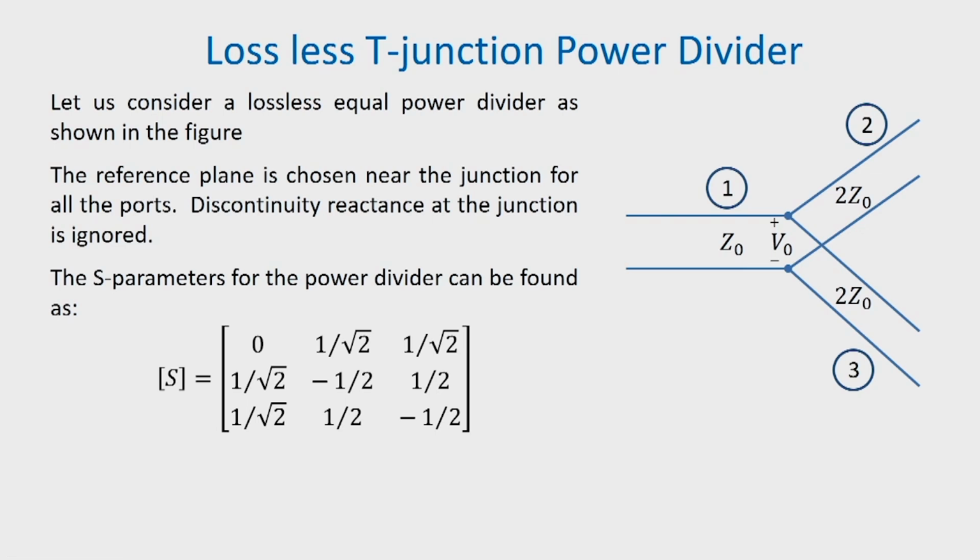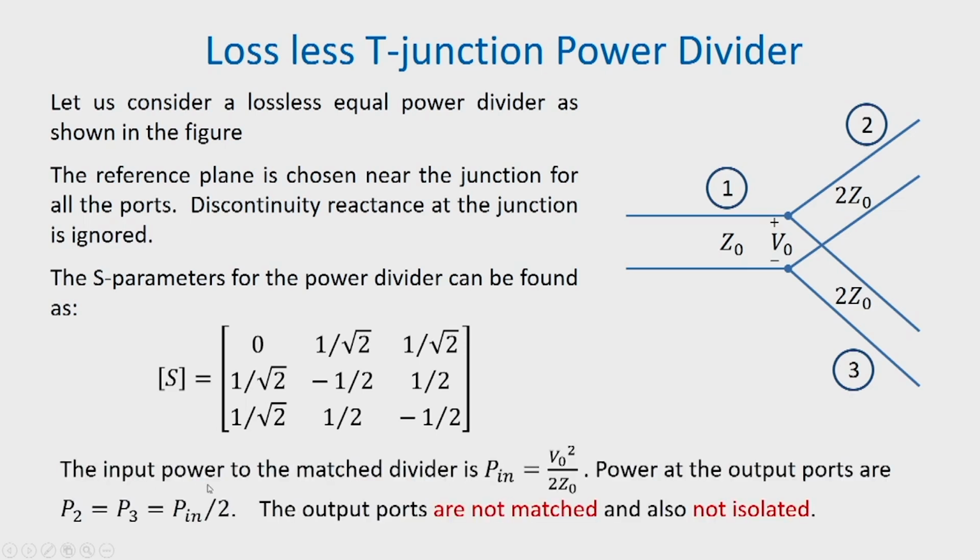Since it is a lossless network, we find that power balance is maintained, but it is not matched at all 3 ports. Moreover, once we calculate the S parameters, we find that S23 and S32 are not 0. That means port 2 and 3 are not isolated.